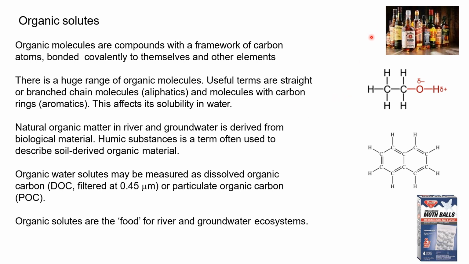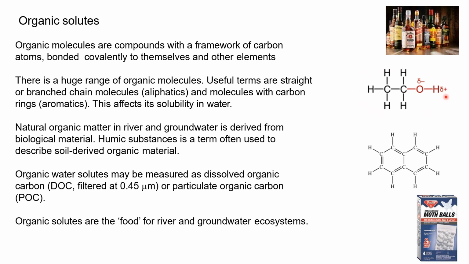So the example on the top is a straight chain or an aliphatic organic molecule, where we have, in this case, 2 carbons in a row. At the end, there's another oxygen and hydrogen bond. This is an alcoholic bond, an OH bond, and similar to water, when you have an OH part of a molecule, it becomes polar, and we have a slight negative charge again on the oxygen and a slight positive charge on the hydrogen.